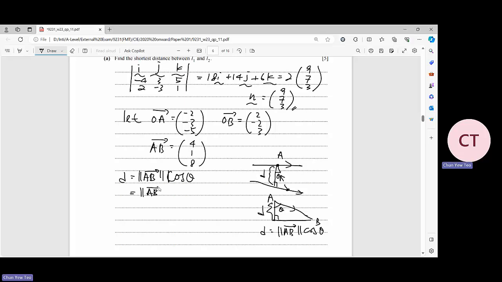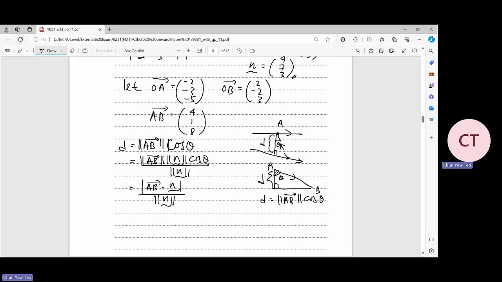Then just put n here, divided by the magnitude of n. Cancel it, you still get back the same thing, but I don't need to cancel it. So according to the formula, the numerator is the dot product of the vector AB dot n. This is how you get the formula.